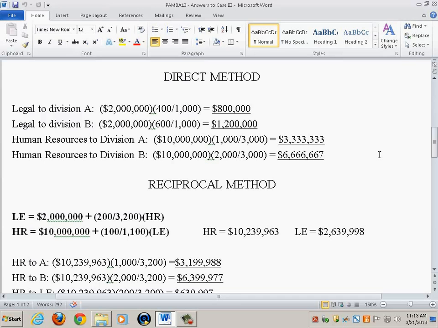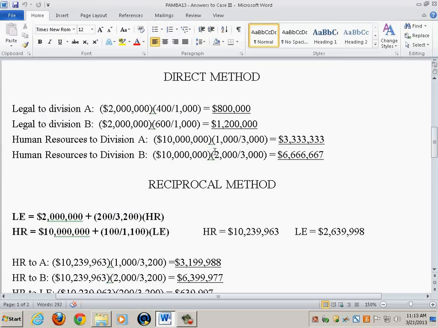And remember, our objective here is to allocate the support costs to the operating divisions, so that we can follow by a second stage and allocate all the costs accumulated in the operating divisions to our cost objects, which may be the products or the services produced or rendered by the operating divisions. So let's look at the reciprocal method.